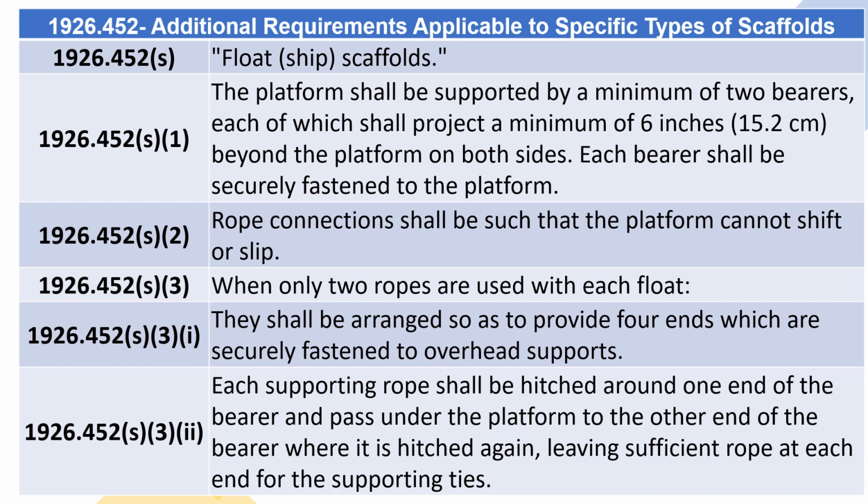Each bearer shall be securely fastened to the platform. 1926.452(s)(2): Rope connections shall be such that the platform cannot shift or slip. 1926.452(s)(3): When only two ropes are used with each float, (i) they shall be arranged so as to provide four ends which are securely fastened to overhead supports; (ii) each supporting rope shall be hitched around one end of the bearer and pass under the platform to the other end of the bearer where it is hitched again, leaving sufficient rope at each end for the supporting ties.